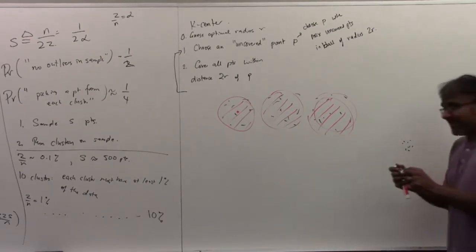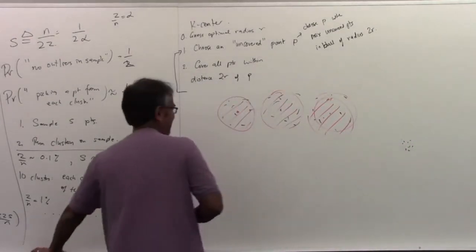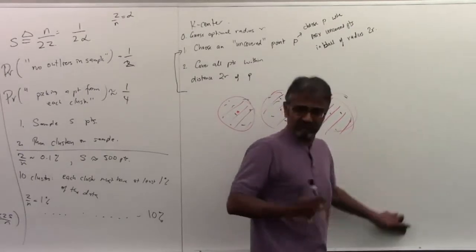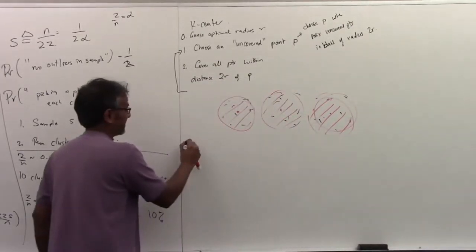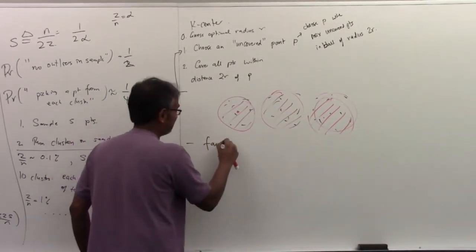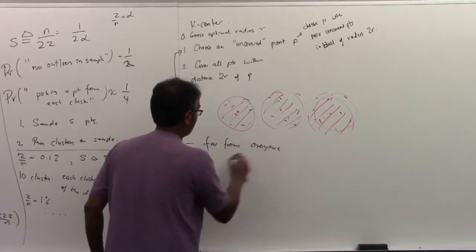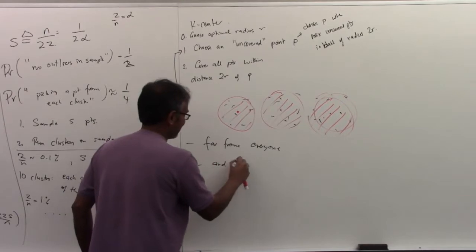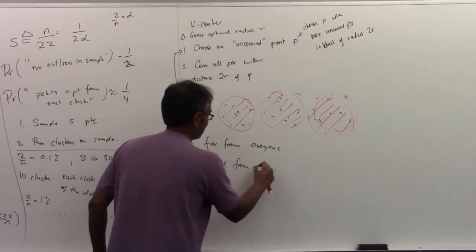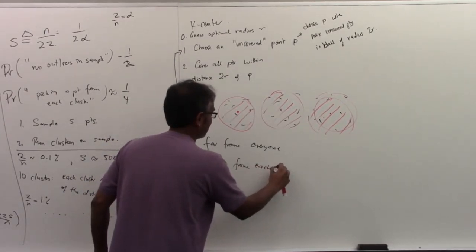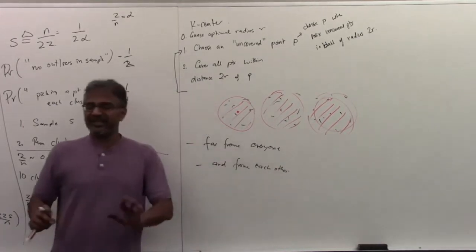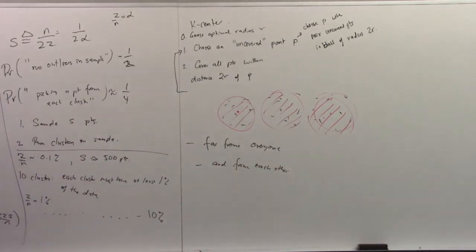So the outliers that this algorithm is going to sense have two properties that we might agree are good properties for outliers. They are far from everyone and from each other. There's no such thing as an outlier cluster. Well, there might be, but that's not the kind of thing we're finding. We're finding these little straggly points that are spread out over the space.